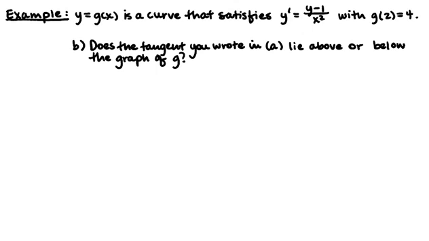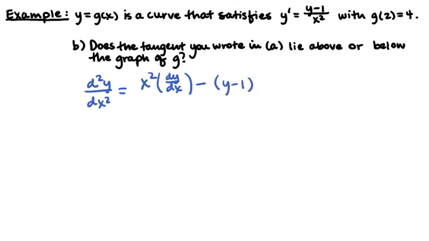So I'm going to take the derivative of y prime. So the second derivative of y with respect to x both times is going to be, I'm going to use the quotient rule, bottom times the derivative of the top, minus the top times the derivative of the bottom, divided by the bottom squared.